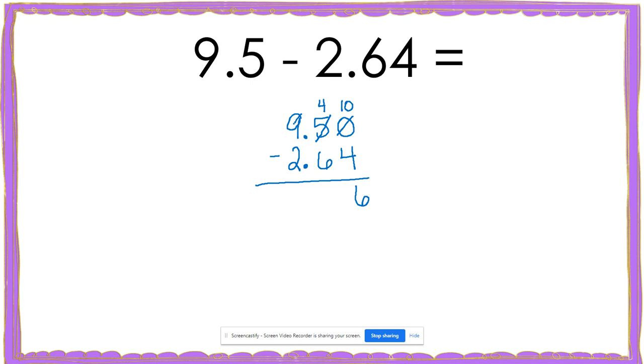So I'm going to borrow from the 9 to make this an 8, and that will change my 4 to a 14. 14 minus 6 gives me 8. I'm going to bring down my decimal, and 8 minus 2 is 6. So my difference is 6.86, or 6 and 86 hundredths.